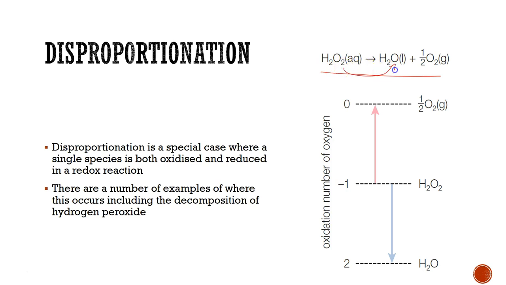So when it goes to oxygen in water, it becomes -2, so it's reduced. But when it goes to oxygen in oxygen gas, it goes from -1 to 0. So it is oxidized. So just remember that we can have this occurring, and sometimes it's worth it to just check your oxidation numbers and you'll always know.